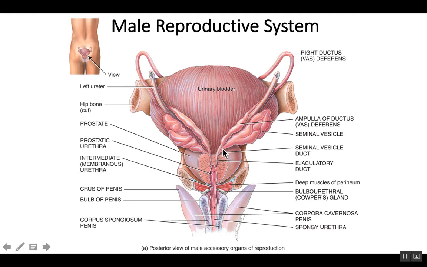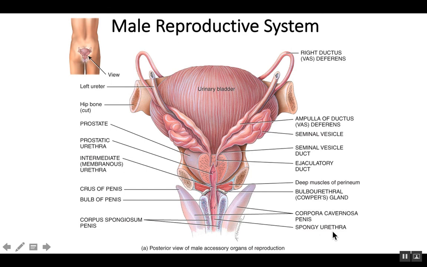The merge of the seminal vesicle duct with the ampulla forms the ejaculatory ducts found inside the prostate gland. And then those two ducts merging into the prostatic urethra, which then leaves the prostate and becomes the intermediate or membranous urethra, where the Cowper's glands are. And then finally it enters the penis as the spongy urethra.